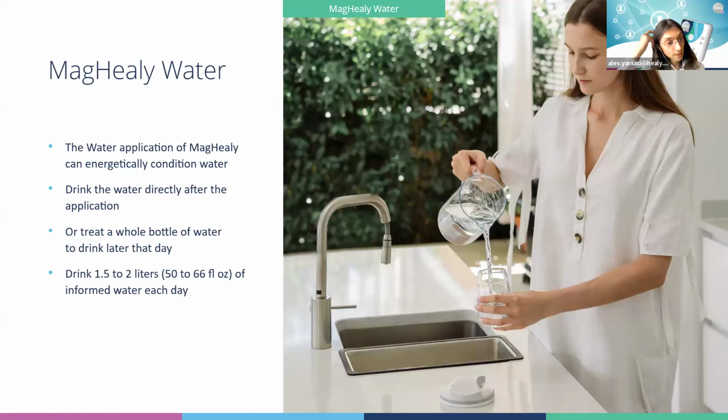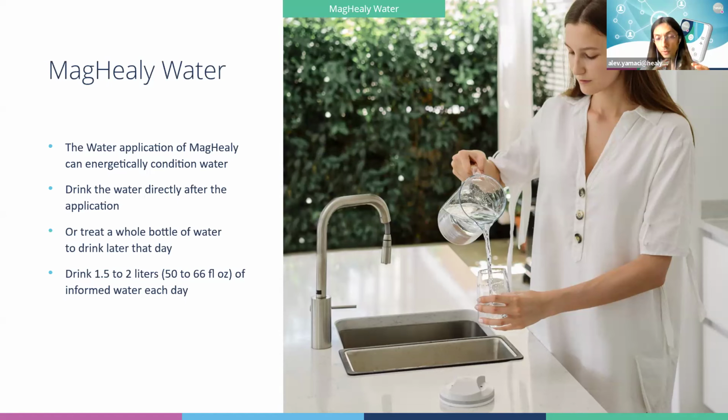Yeah, and of course you can make a whole drinking bottle of water also in that format. So that's also a common question: how long does the information stay on the water? This is not so easy to answer, but as a guideline, you could say there are constant electromagnetic fields, light, and energy, in whatever form, reaching the water.